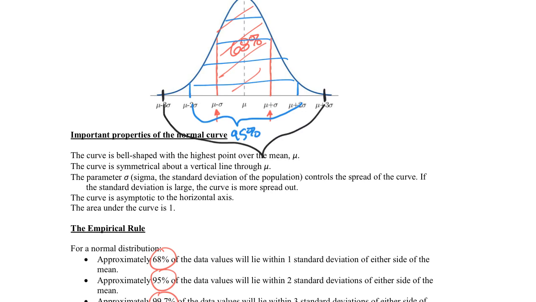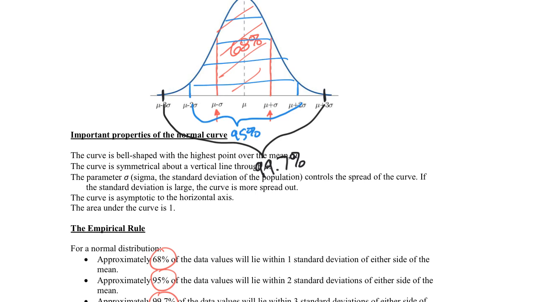By the time you get up to 3 standard deviations from the mean, you will get about 99.7% of the data. And that is for anything that follows a normal distribution. And we'll see that many things do. So for now, let's just get familiar with these numbers. You're going to see them a lot in section 6.1. And 6.1 is a fairly basic introduction.